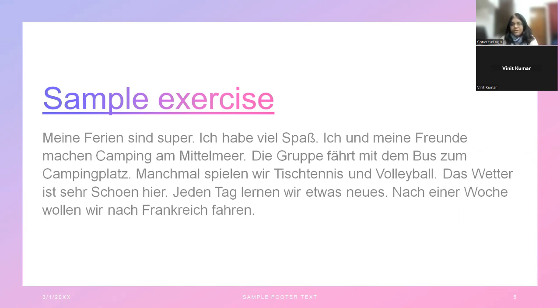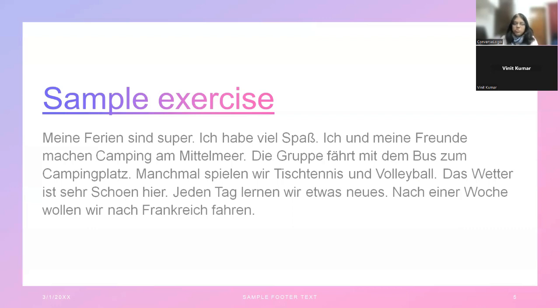"Die Gruppe fährt mit dem Bus zum Campingplatz." Fahren ist mein Verb hier in diesem Satz. And what is the perfect of fahren? Ist gefahren, which means again a different kind of Präteritum. So "Die Gruppe fuhr mit dem Bus zum Campingplatz." "Manchmal spielen wir Tischtennis und Volleyball." Spielen. Again, think about the perfect, gespielt.